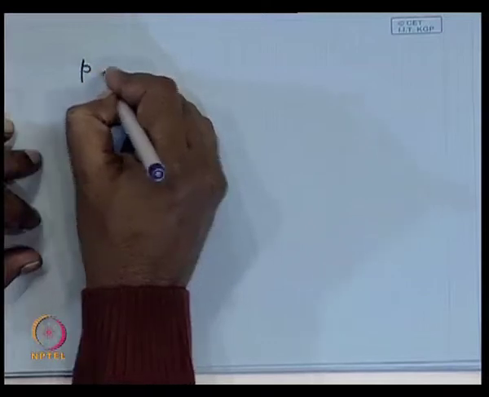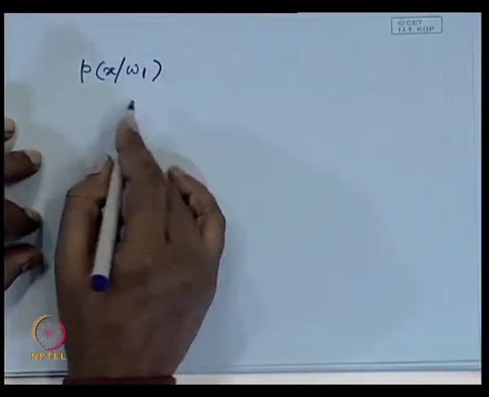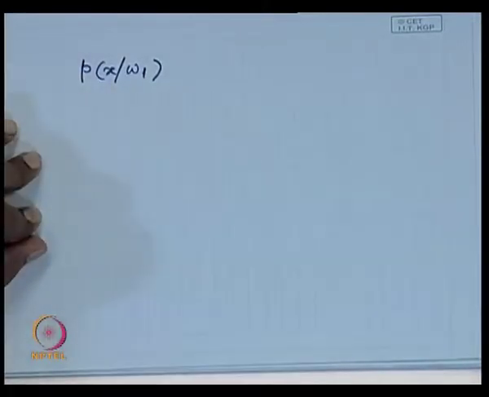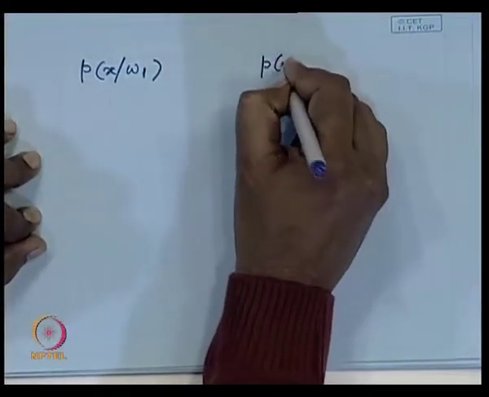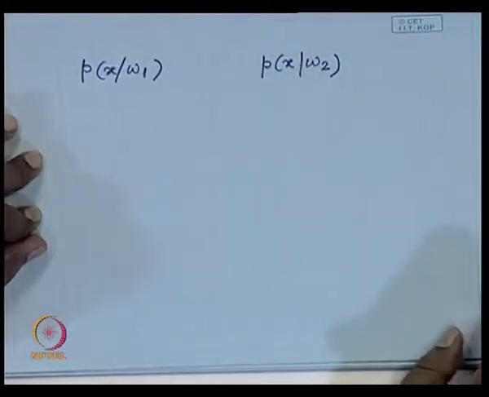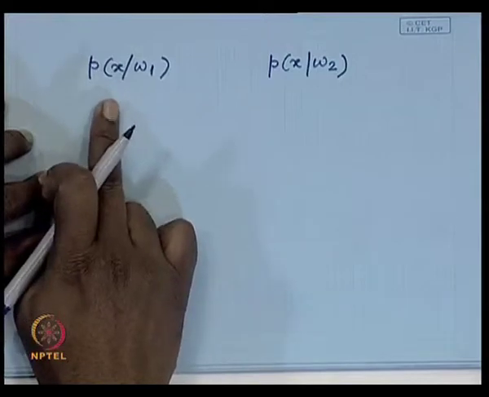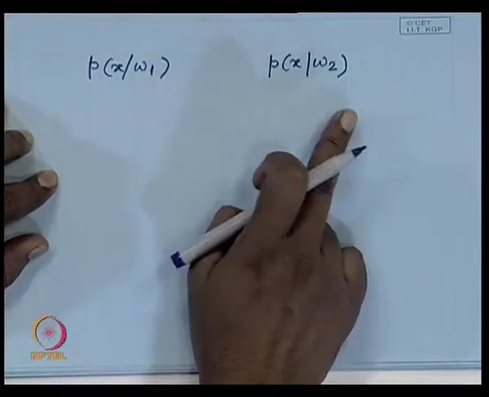That is, I can find out what is p of x given omega 1. This is nothing but the probability density function of x taking the objects from class omega 1. I can also find out p of x by taking the objects from class omega 2. So, I can find out p of x given omega 1, and p of x given omega 2.